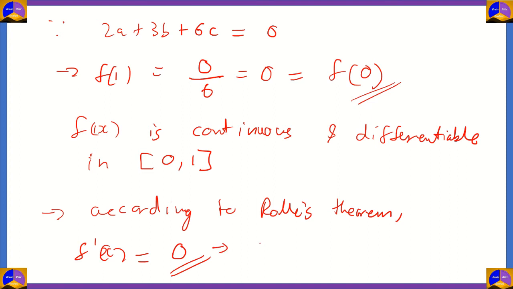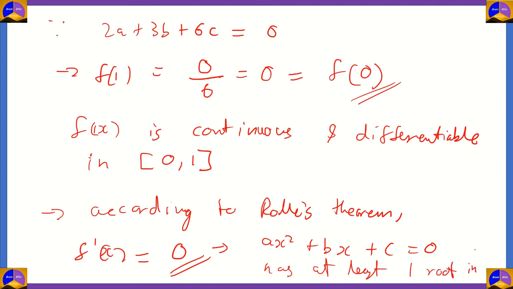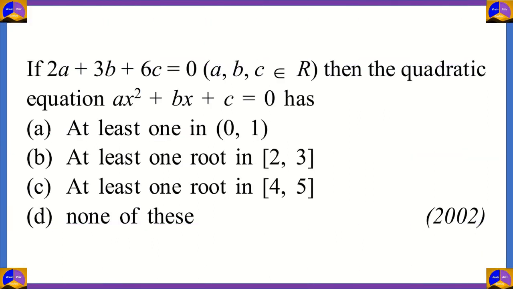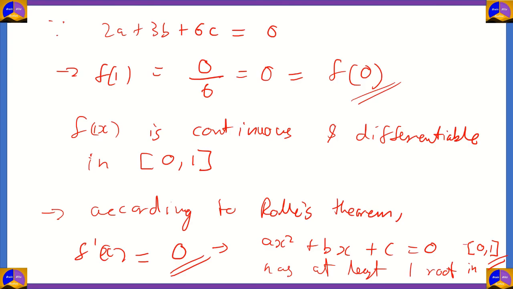So that means ax squared plus bx plus c equals 0 has at least one root in the interval 0 to 1. So therefore, the right answer in this question is option A, at least one in open interval 0 to 1. So these are open intervals, not closed.